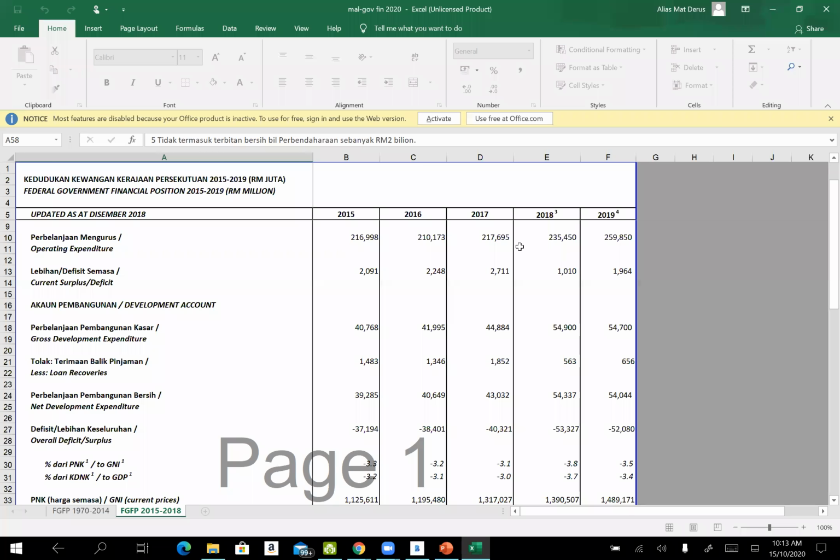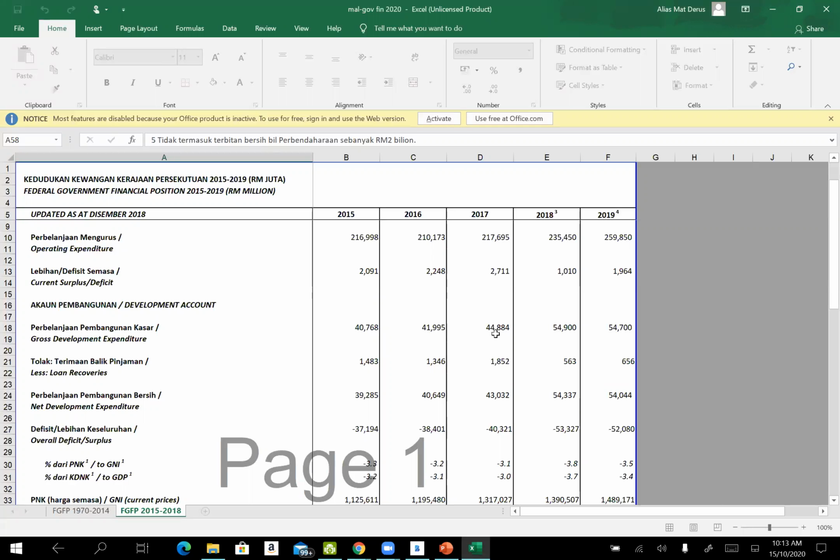So what we need is the total operating expenditure, and then the development expenditure. So you write down the total development expenditure, and then the total operating expenditure. I think you just use the gross.